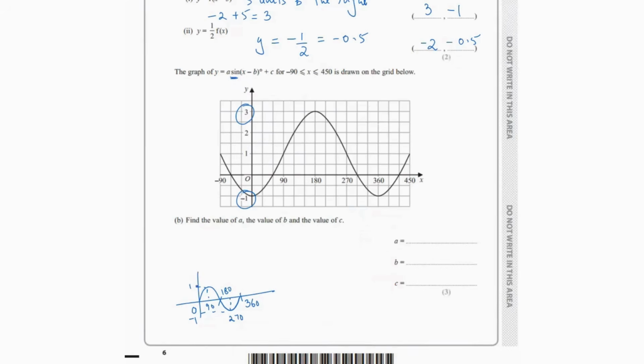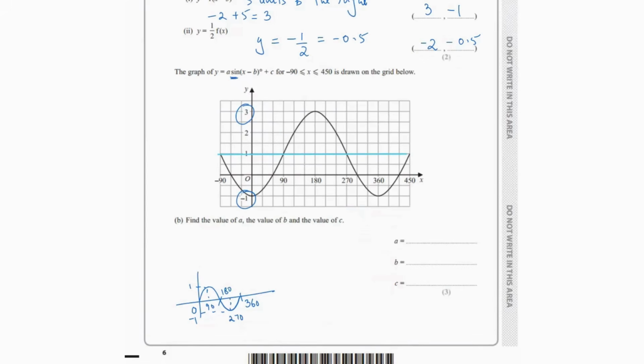And since the difference between the maximum and minimum value is 4, if we find half of this, half of 3 and negative 1 is going to come over here. So this is your axis basically.